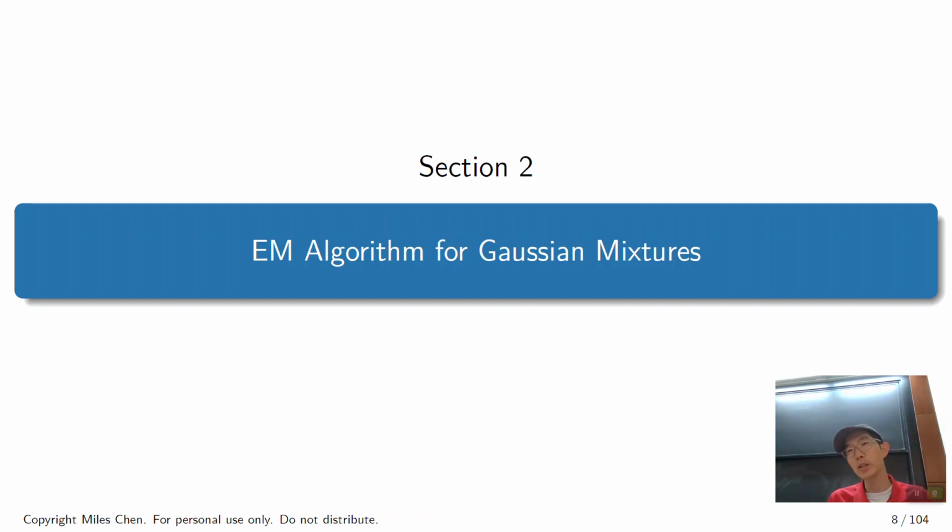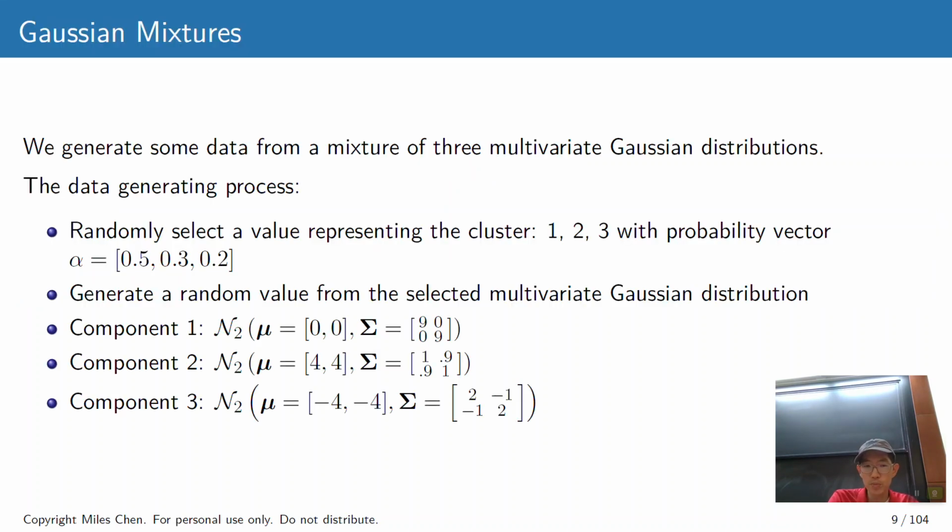You could apply the EM algorithm for a bunch of different kinds of applications, but perhaps a nice application, one that's satisfying and visually good, is we can apply the EM algorithm for a mixture of normal distributions, Gaussian mixtures.